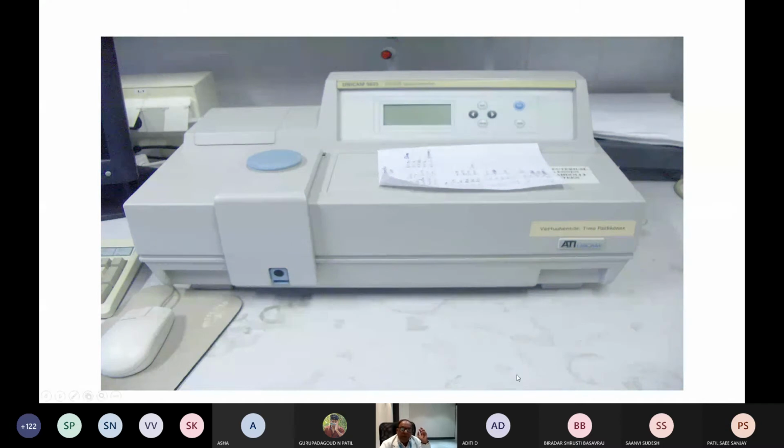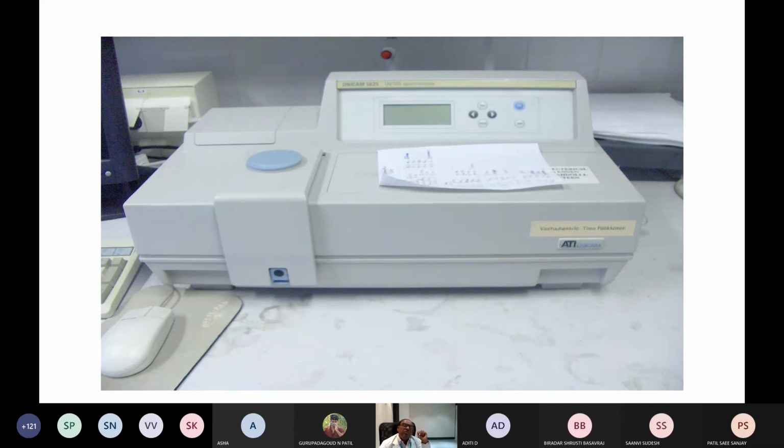Now you can have an idea of this spectrophotometer. This is the device wherein you can open this block, and there will be two positions for keeping the cuvettes. One cuvette will be used as the blank. The blank is the one consisting of the reagent that is used for the particular investigation.